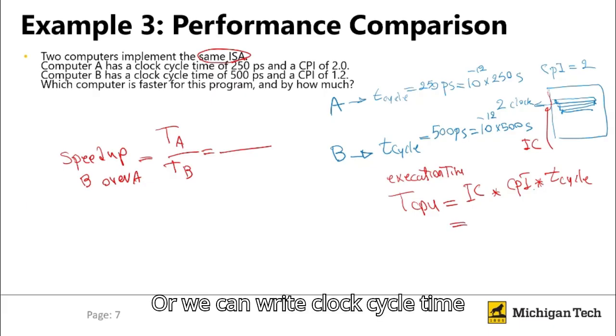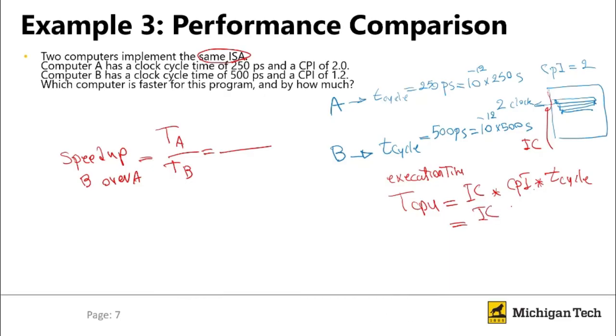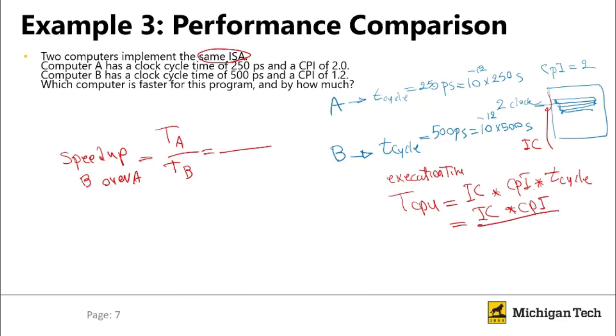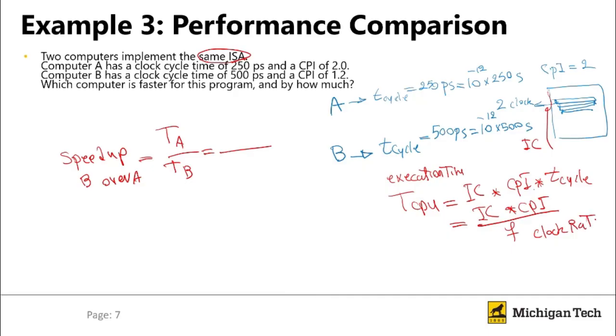Or we can write clock cycle time as a frequency. So it's going to be instruction count times clock per instruction over clock rate, and the notation for clock rate is F. So we need to know this formula.